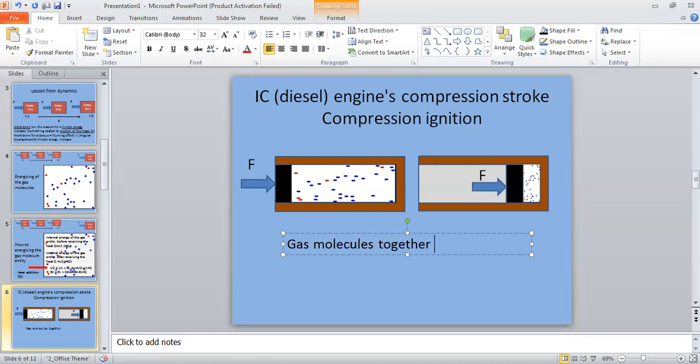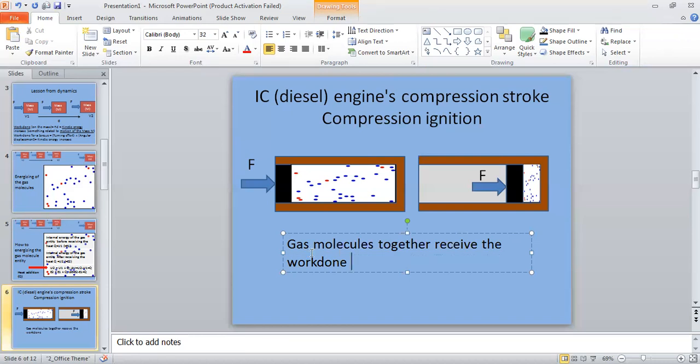Because work done on the piston transfers the work done to the molecules.